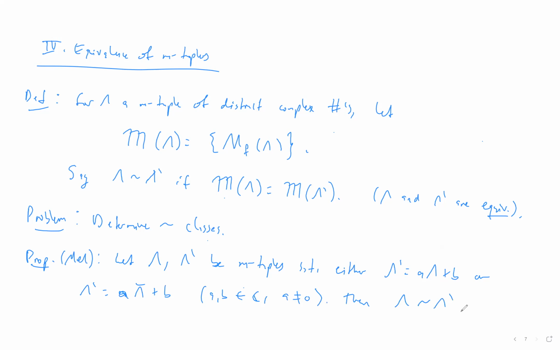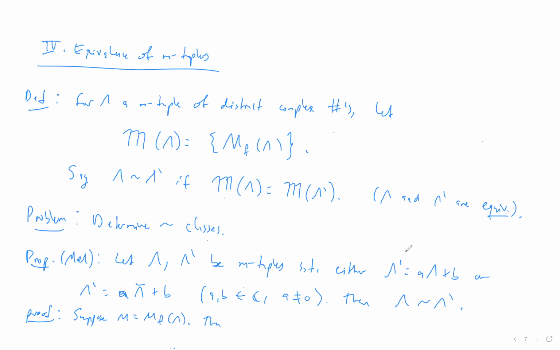Okay, and so the proof. Sorry, I have to go to the next page again. Maybe I can squeeze it in. Okay, so suppose M is equal to M_f of lambda. Then I'm just going to write down a polynomial that gives the same matrix M, but measured with respect to lambda prime.